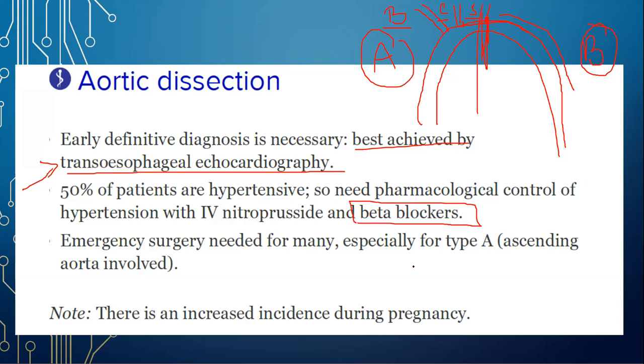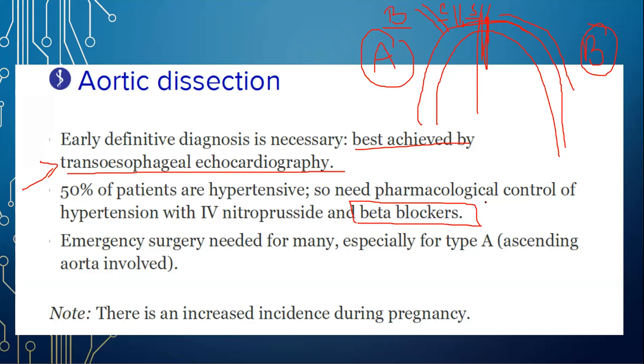So for this reason, we will start with the beta blocker, mainly IV labetalol. With a beta blocker, you can control the blood pressure without dropping too much. So start with IV labetalol, and if it's still very high, then you give IV nitroprusside.